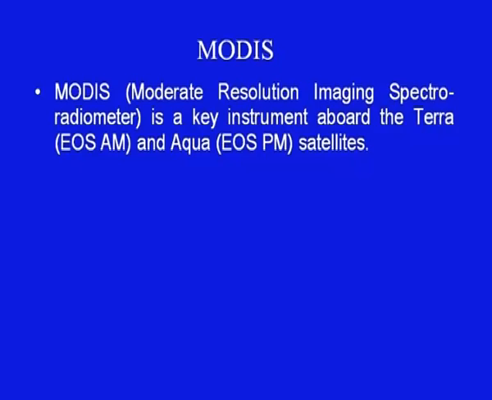The next sensor is MODIS. MODIS, the full form is Moderate Resolution Imaging Spectroradiometer, is a key instrument aboard the Terra EOS AM and Aqua EOS PM satellites.